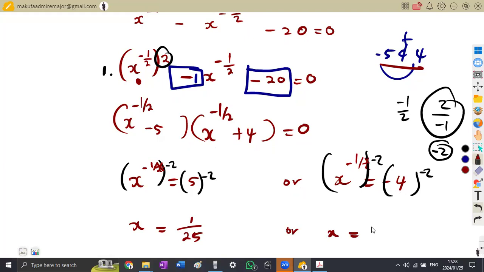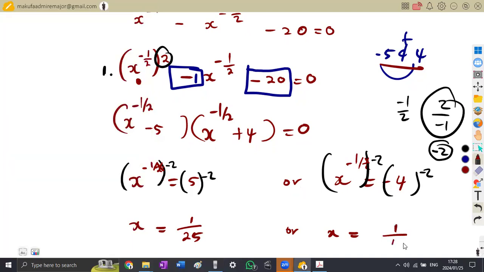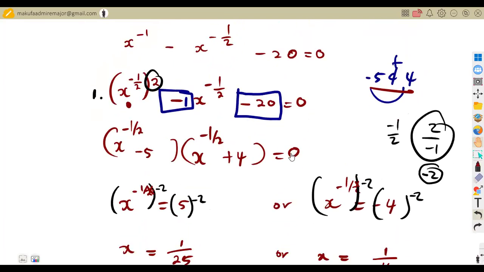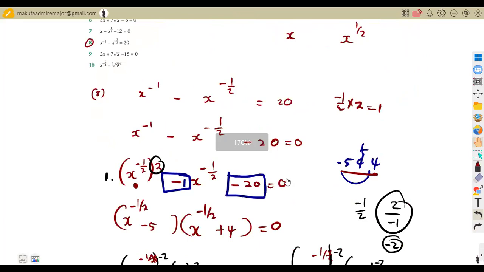So we've got -4 to the exponent of -2, like this. And that is going to give us 1 over 16. So that will be positive 1 over 16. So as you can see, there are 2 solutions that we are finding from these typical equations. We obtain 2 solutions. So you have to be very, very careful how you simplify this.